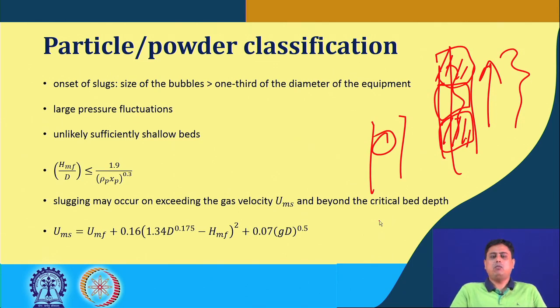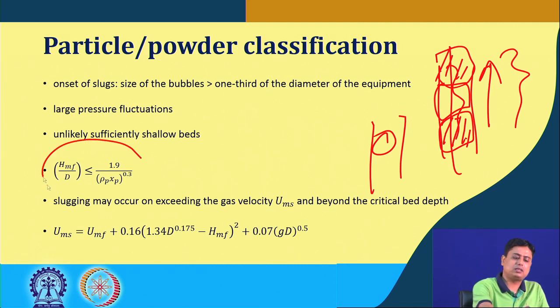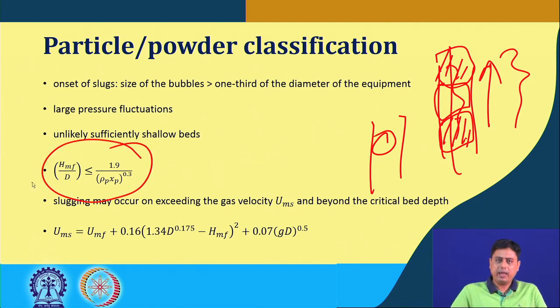How do we determine what is that critical value? Again, the research results are here, the correlations are there, where HMF is that critical height that relates with the diameter of the bed. So, if we strictly maintain this condition, we can avoid this onset of slug in the vessel that we are operating for fluidization.